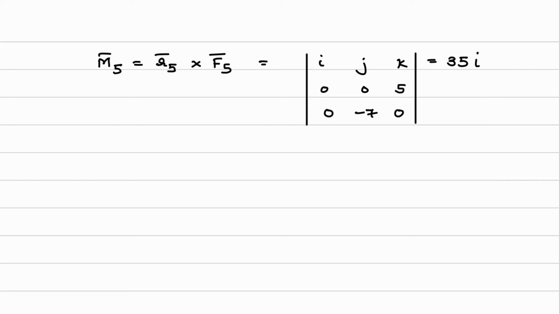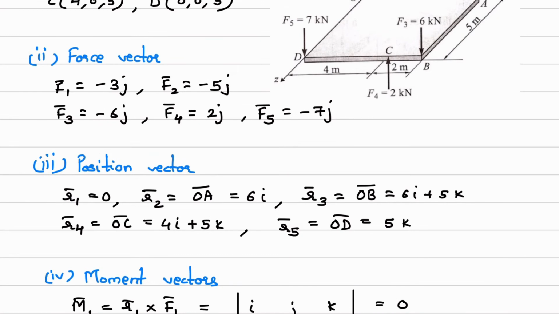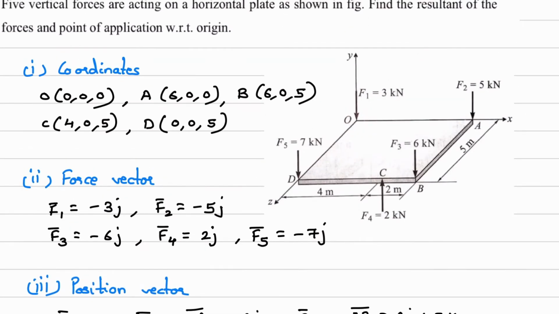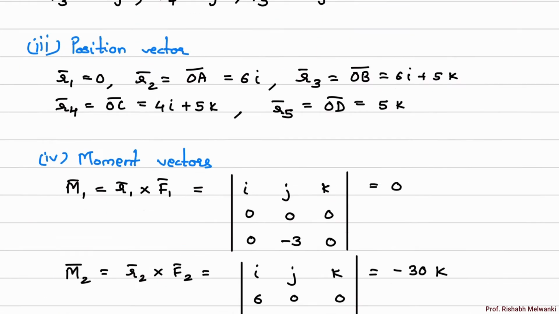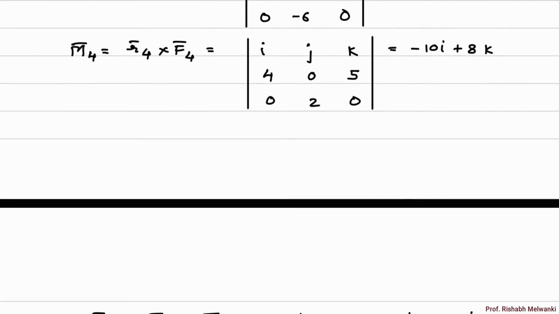What we have calculated till now: first we found out coordinates, then force vectors, where magnitude we converted into vector, then position vector of each force, then moment vectors. Now what is the next step?